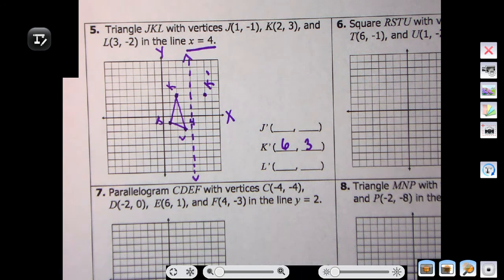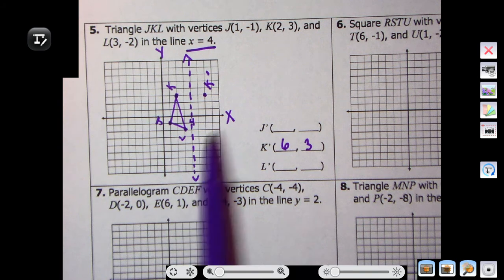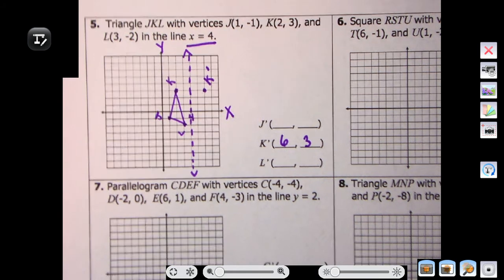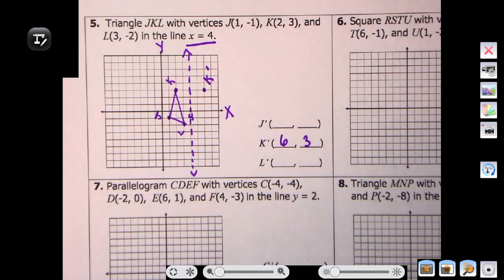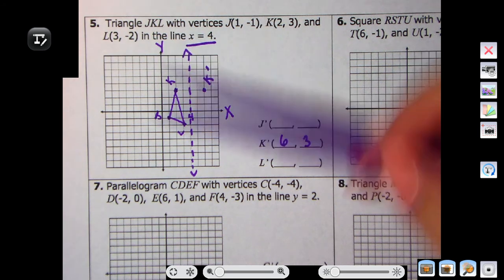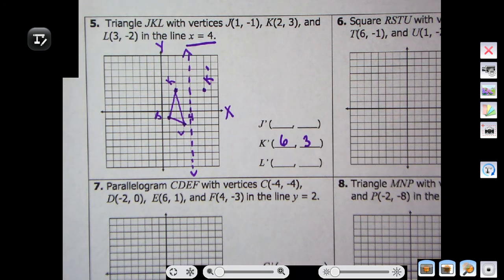So my y value stayed the same and my x value increased by 4. So it's different now. It's not going positive to negative, negative to positive, like it is when you're reflecting over the x or y axis.